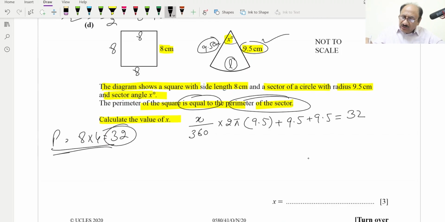Now the rest is just to simplify. First we shift the two 9.8 terms to the other side.